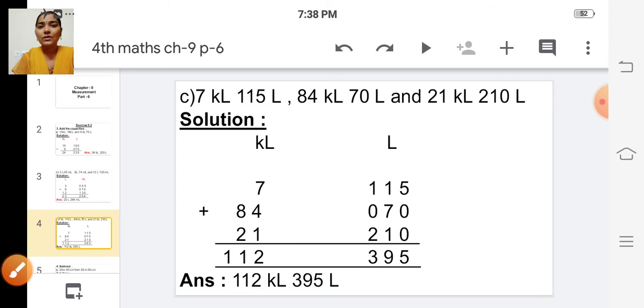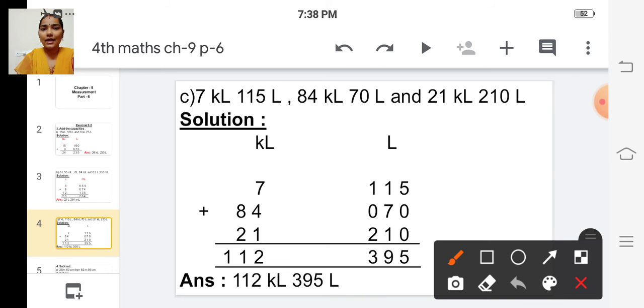So now we shall add like normal addition. So we have to start from the right hand side. So 5 plus 0 is 5 and 5 plus 0 is 5. So write 5 here. And now add 1 plus 7 is 8 and 8 plus 1 is 9.